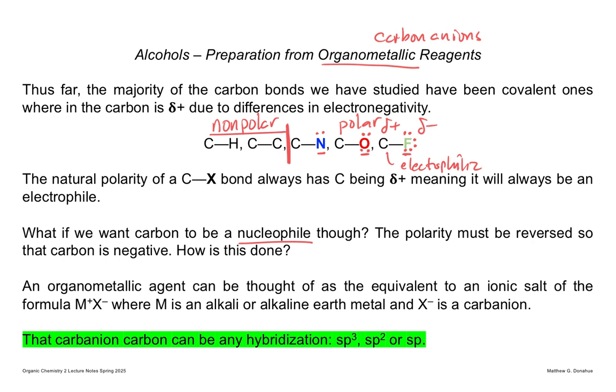So organometallic reagents, you can think of them in this form, M+, that's a metal cation, and then the carbon bearing a lone pair with a formal negative charge. So it's like an ionic salt that you've learned from Gen Chem.